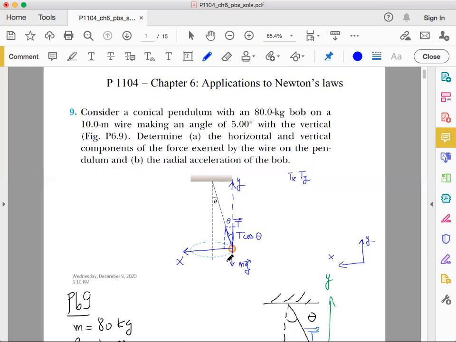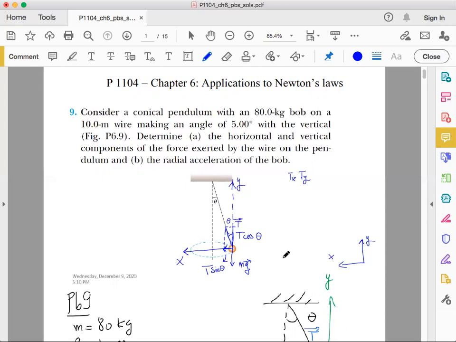And the projection of the tension T onto the x-axis is nothing else than T sine theta. So this is T sine theta. Now, theta is known, it's equal to 5 degrees.